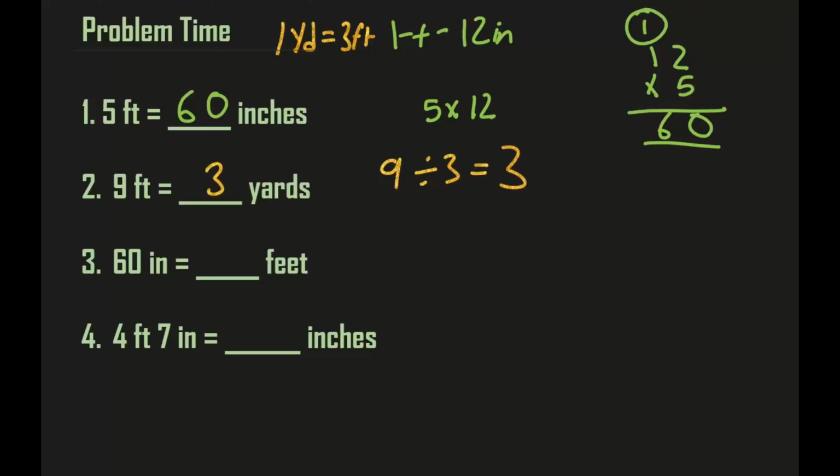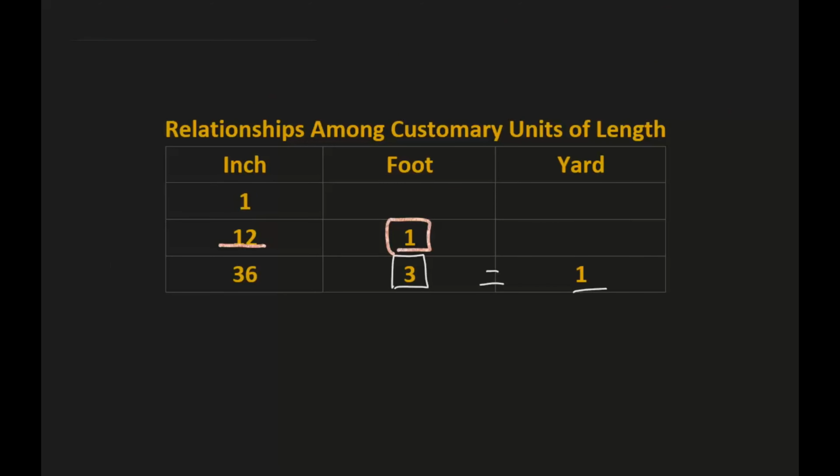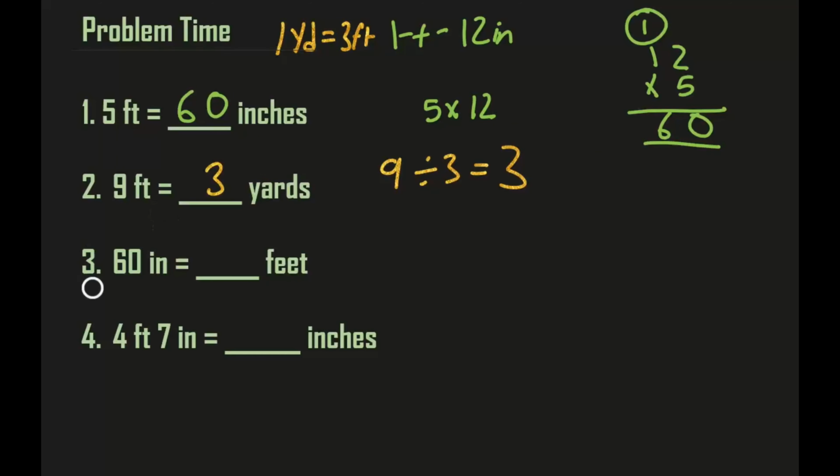Here we have 60 inches to blank feet. If you think about it, this should be quite easy. First off, let's go to the table. So right here, you can see that 12 inches is 1 foot. Trying to figure out 60 inches is how many feet.